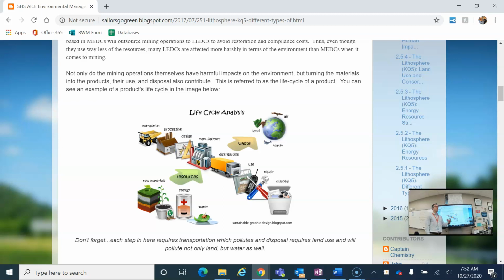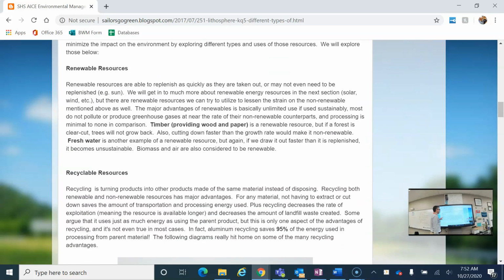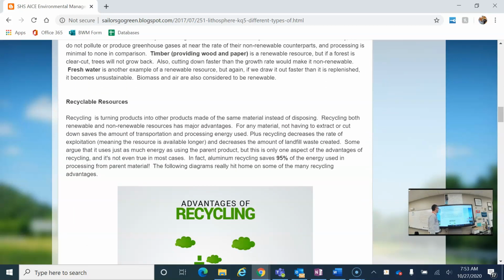But more than the energy use, what you've got here is the less land disturbance and the less disposal that you're going to have to do. You have to look at the entire life cycle in order to see what the advantage of recycling is. And in most cases, recycling is super great, right?